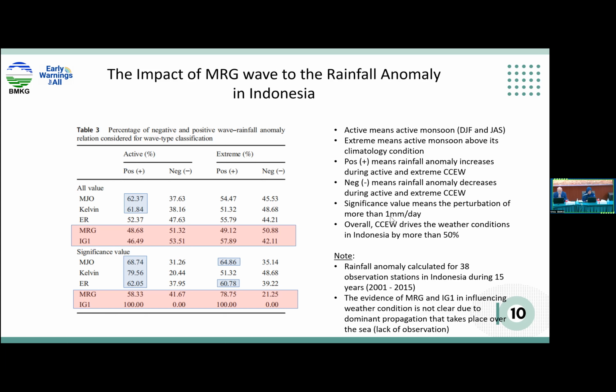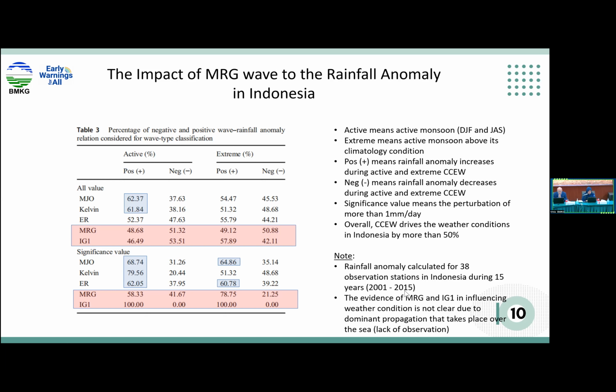It comes from the perturbation of more than 1 millimeter per day, and overall CCEW drives the weather condition in Indonesia by more than 50%. And the rainfall anomaly is calculated from 38 observation stations in Indonesia during 15 years, from 2001 to 2015.